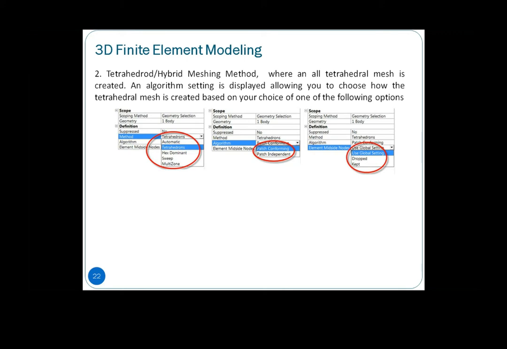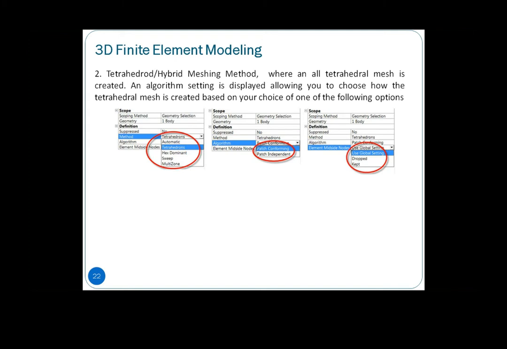So tetrahedron is where the tetrahedral mesh is created. Mainly on using tetra mesh types, under this tetra you have two algorithms where you can choose how it is being discretized.